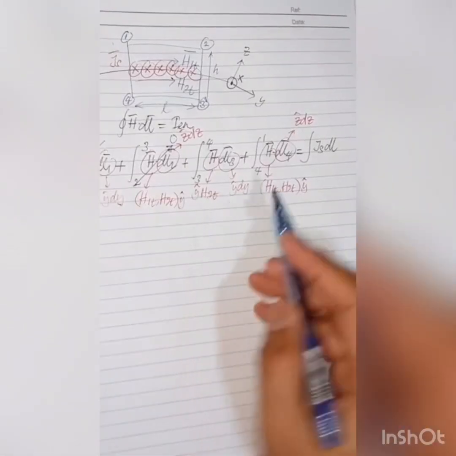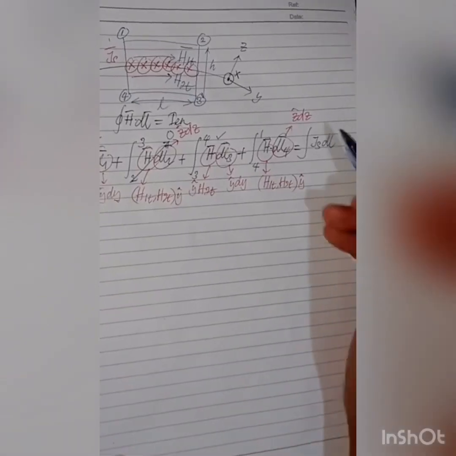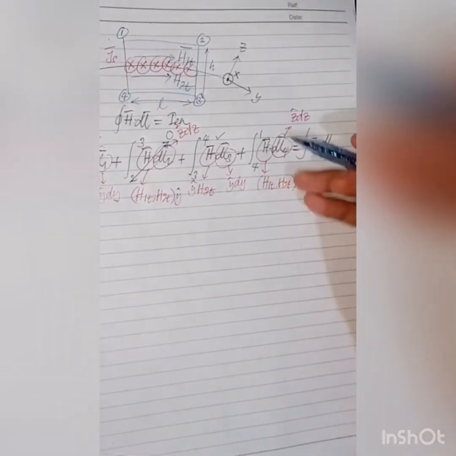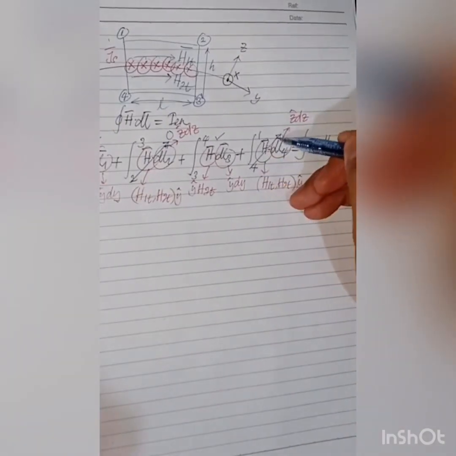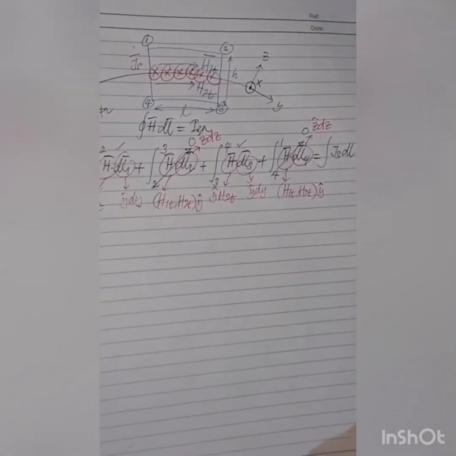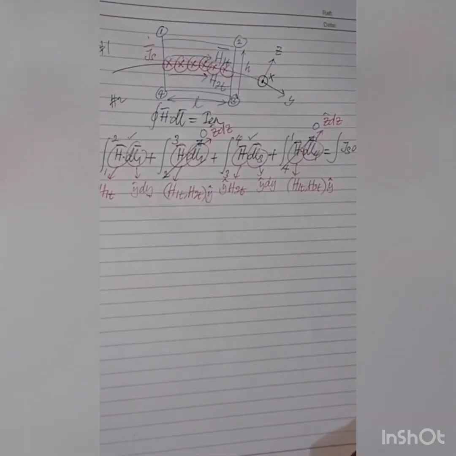And again for the third part we have y dot y, so yes, we have this output. And lastly for the last path, we have y dot z, so now we are going to have a 0 output. Alright guys, so let's simplify the whole equation.